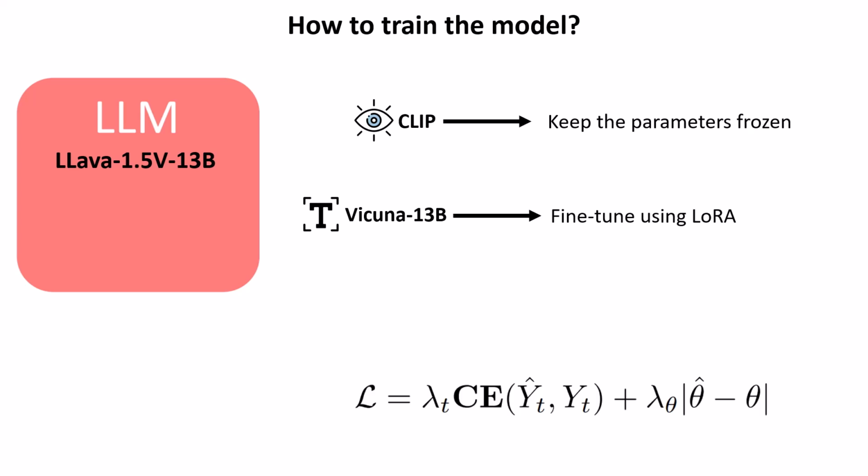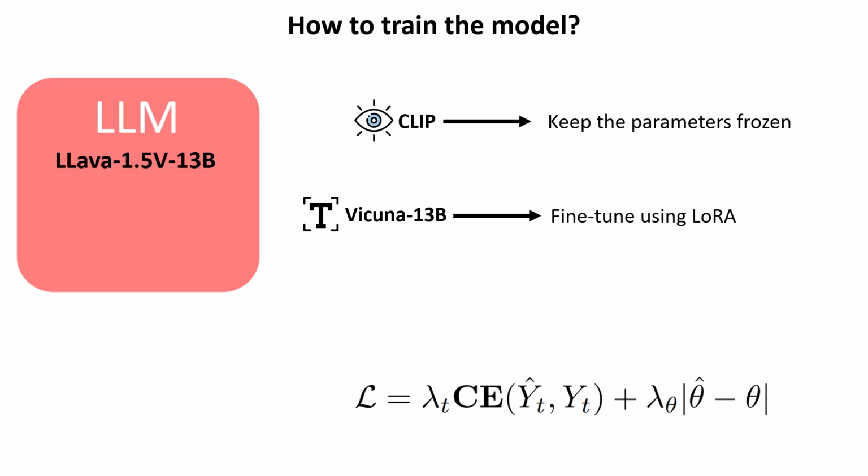So for the loss function, they use cross entropy between the embeddings yt hat of our ground truth and yt that the model outputs. But for the pose, in case we output some pose, we have some L1 loss between the parameters of the ground truth and the estimated parameters. And we also have these two lambdas, which are hyperparameters.